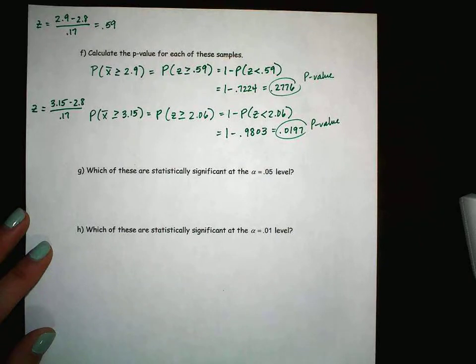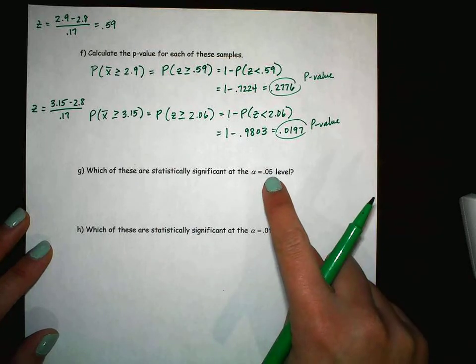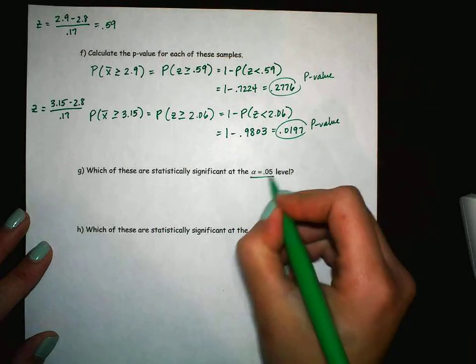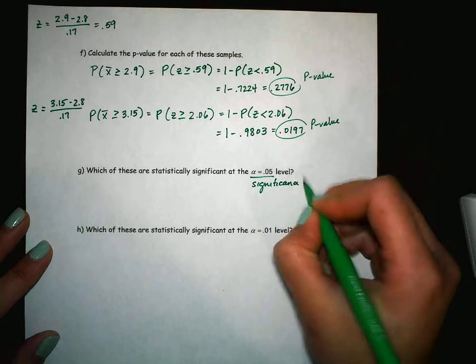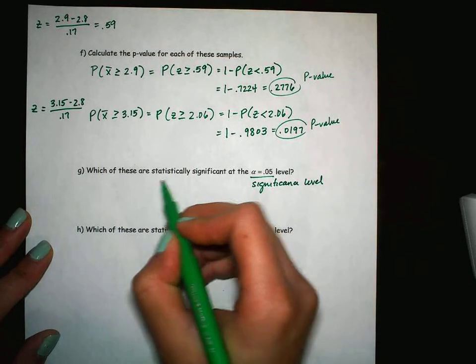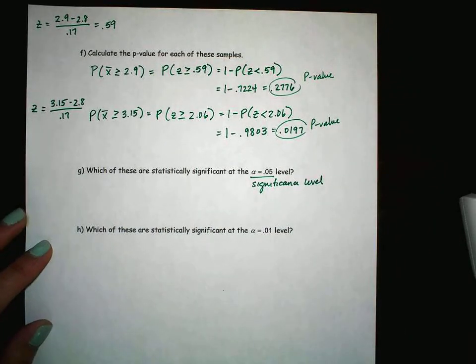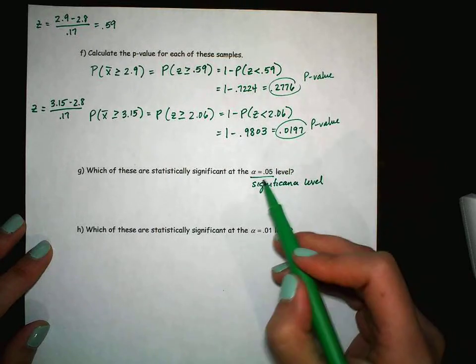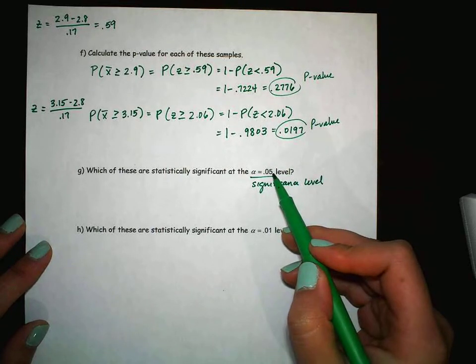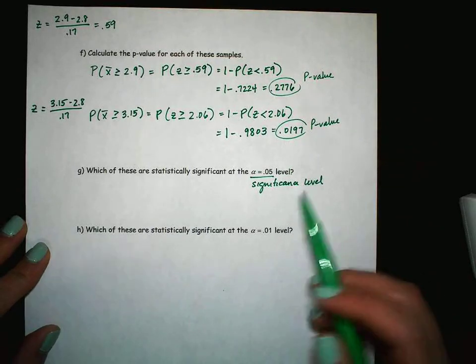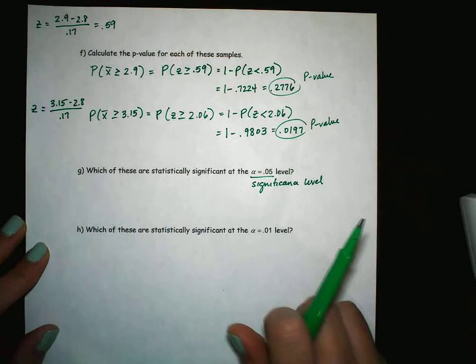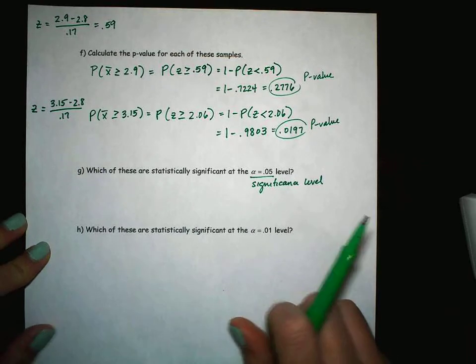Which of these are statistically significant at the significance level of 0.05? So this is the significance level. Remember, for something to be statistically significant, our p-value has to be smaller than this significance level. And it looks like only our sample of 3.15 is statistically significant.